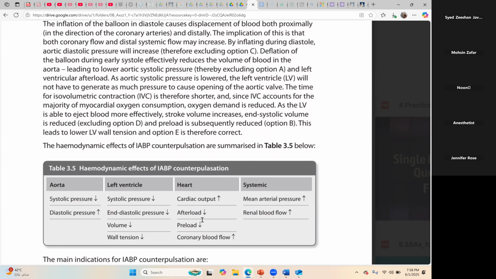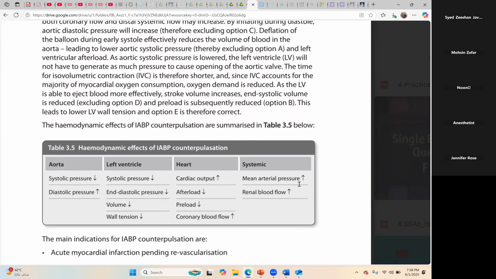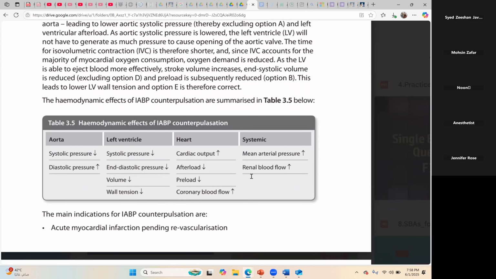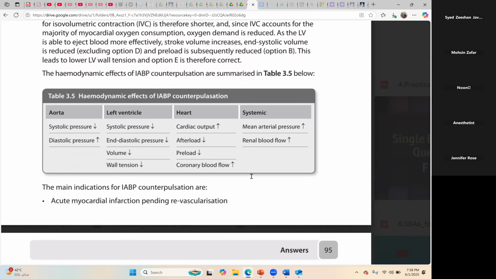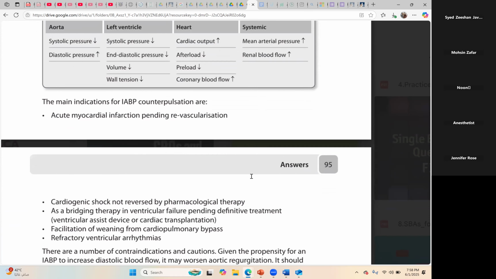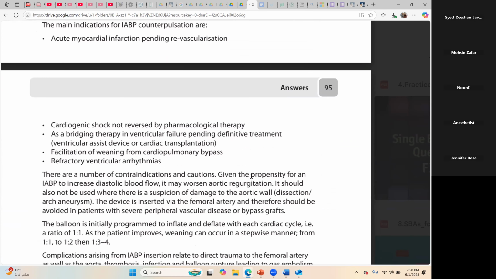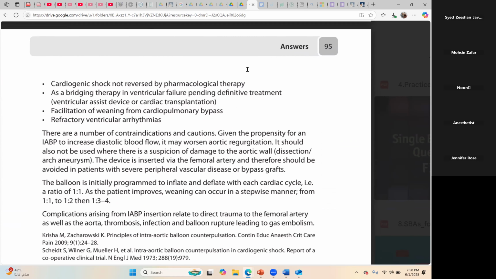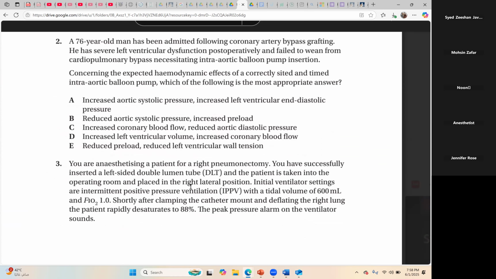That's the maximum you should be knowing. If you understand these effects, that's more than enough. The whole topic is covered in this MCQ actually.